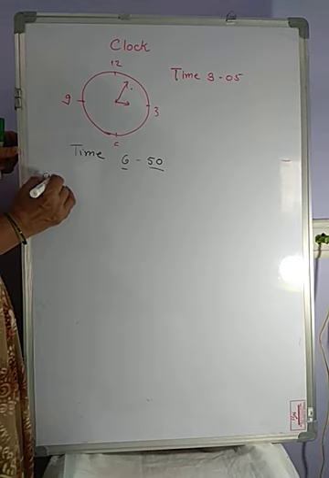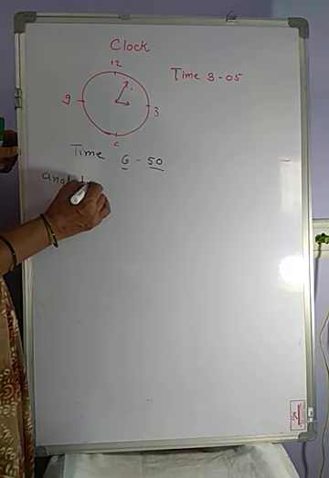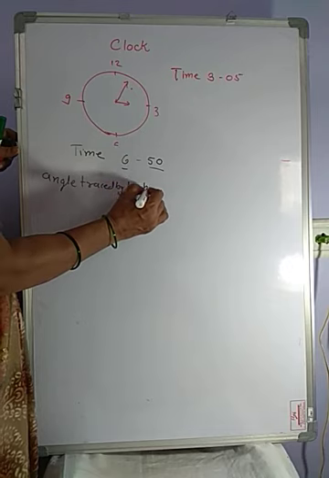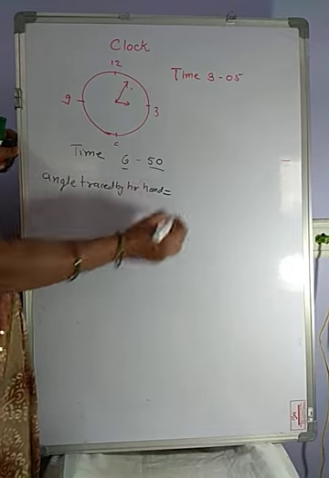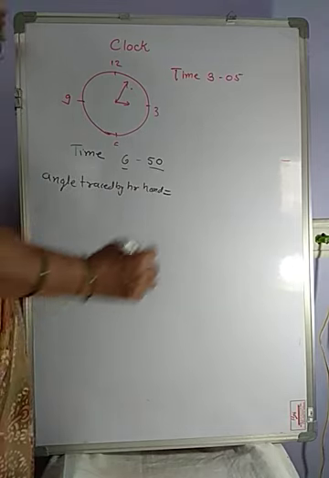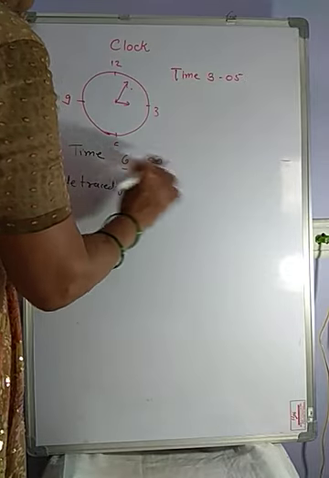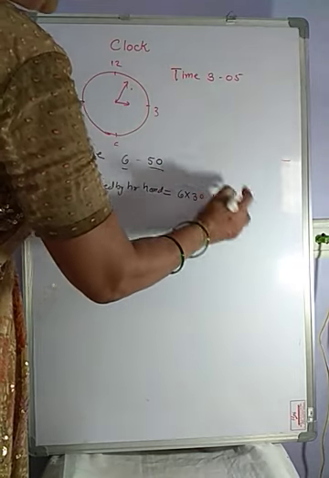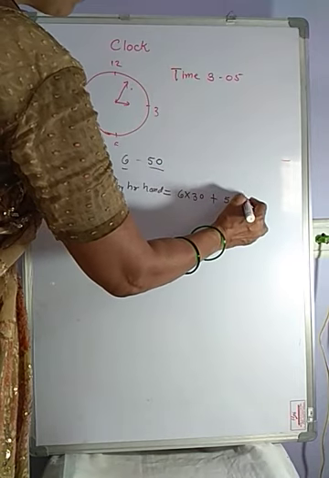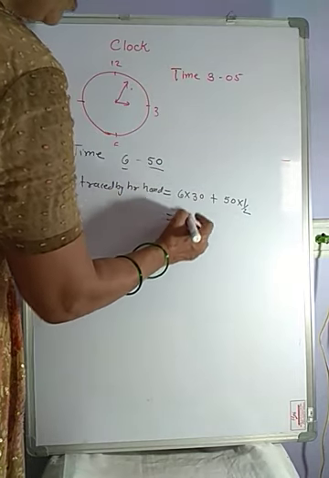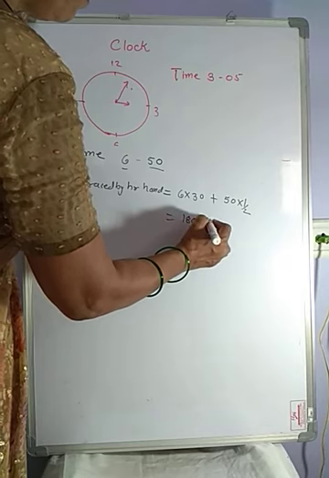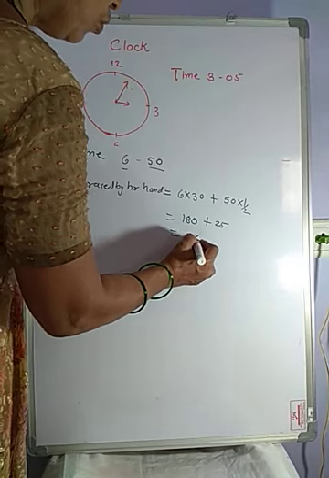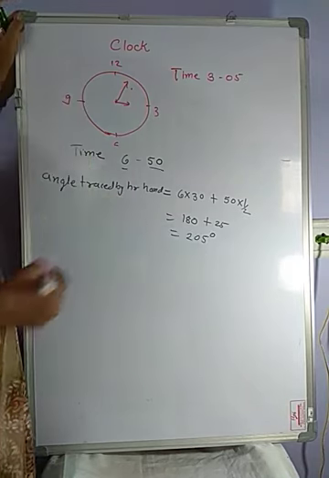So the angle traced by the hour hand is equal to 6 hours into 30 plus 50 minutes into half. That is equal to 180 plus 25, that is equal to 205 degree.